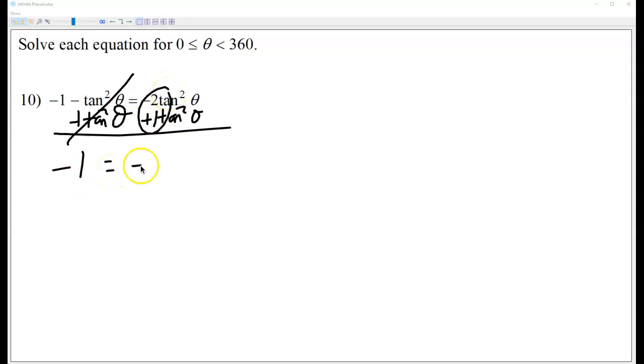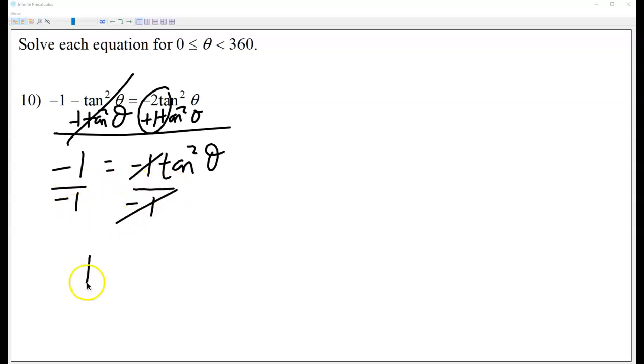That's going to be a -1 tangent squared theta. So by adding 1 tangent squared theta on both sides, I get this. And we don't like that negative in the front, so I'm going to get rid of that. Dividing both sides by a negative, I get tangent squared theta equals positive 1.